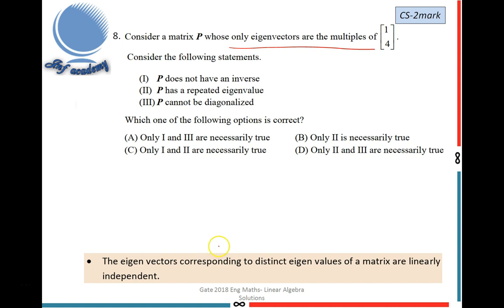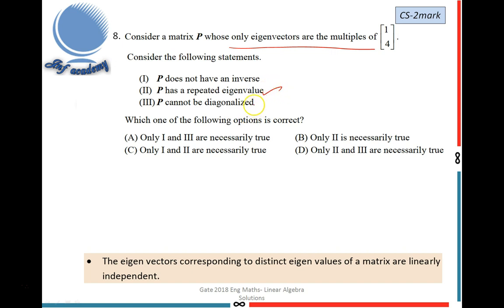So if 2 or more eigenvalues are equal, then the eigenvectors may be linearly independent or linearly dependent. But the given question has linearly dependent eigenvectors. So statement 2 is the only possible one. P has a repeated eigenvalue, then only the eigenvectors are linearly dependent. So statement 2 is the correct statement.